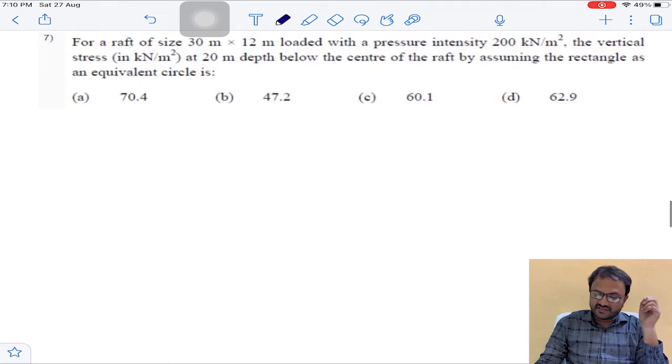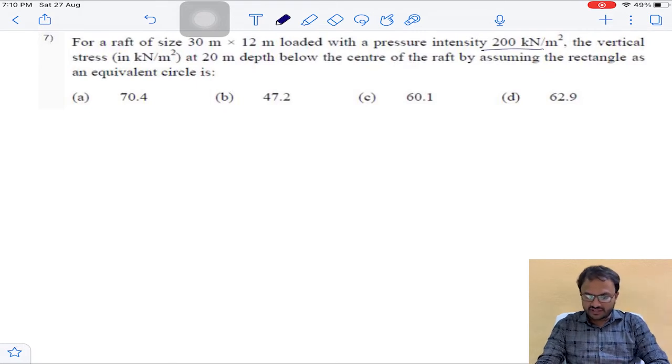For a raft of size 30 by 12 loaded with pressure intensity Q equal to 200 kilonewton per meter square, find the vertical stress in kilonewton per meter square at 20 meters depth below the center of the raft by assuming the rectangle as an equivalent circle.